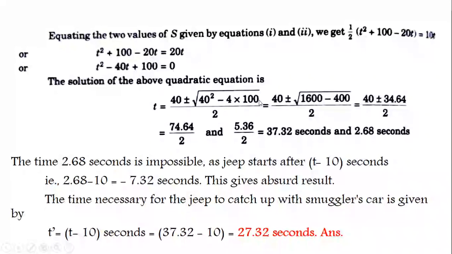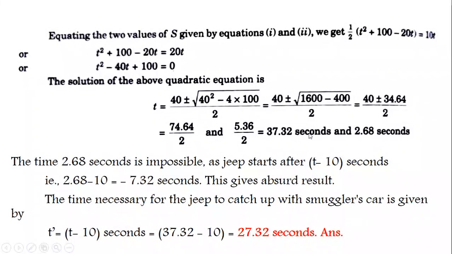Minus b plus or minus square root of b squared minus 4ac, divided by 2a. Here a is 1, b is 40 and c is 100. So 40 plus or minus square root of 40 squared minus 4 into 1 into 100, divided by 2 into 1. Resolving this, finally we get two times: one is 37.32 seconds and the other is 2.68 seconds.